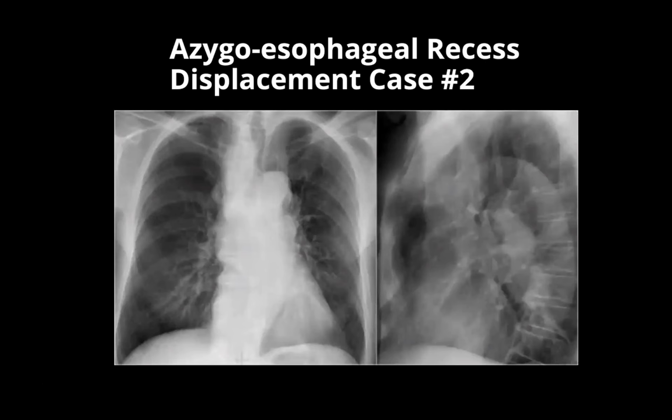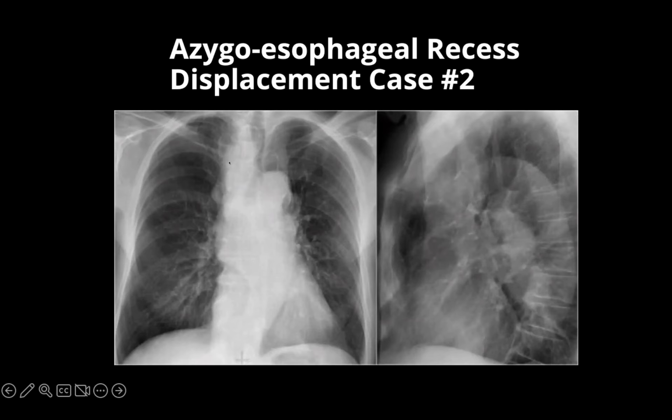This is another case, and this is a really nice case. If we look at it, we see that there is a large density, an opacity that projects in the retrocardiac space. We really see that opacity extending all the way superiorly to the right paratracheal aspect. Not only that, it also deviates the trachea to the left side.